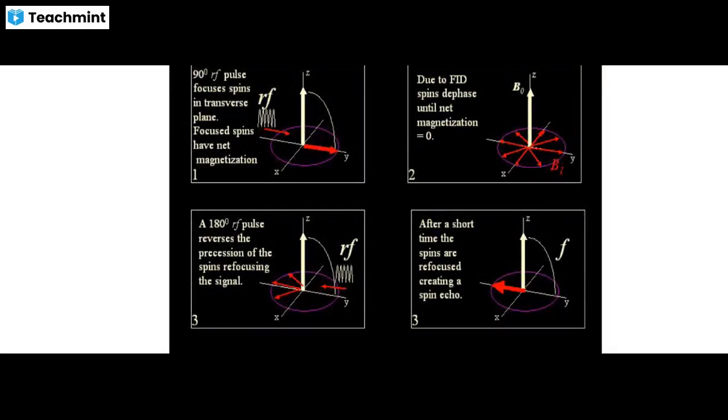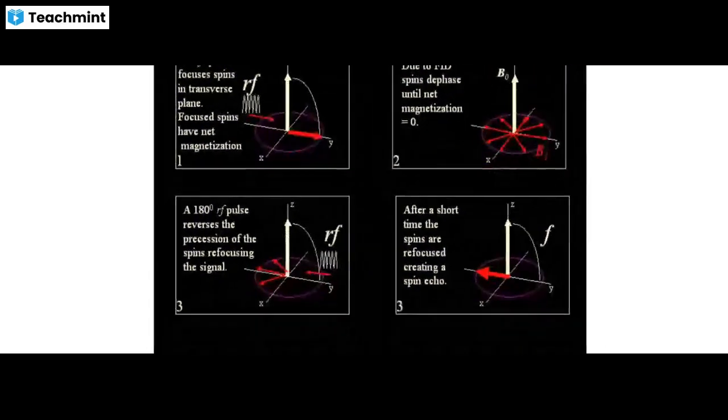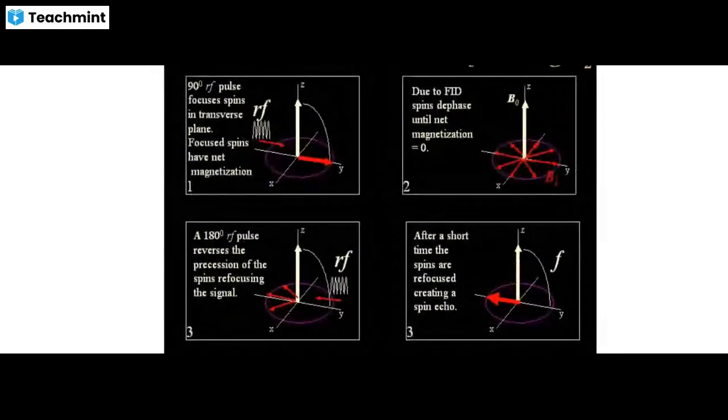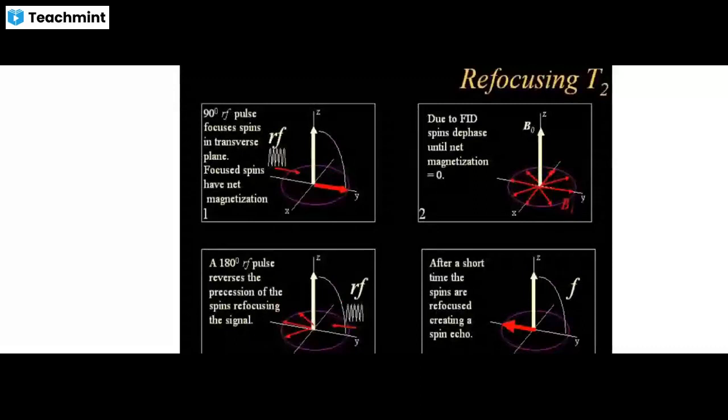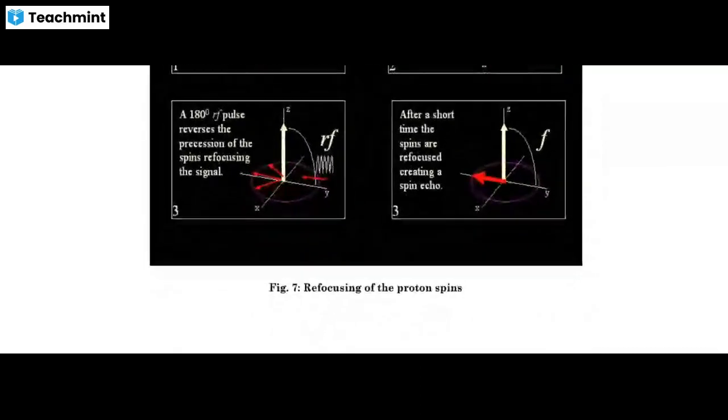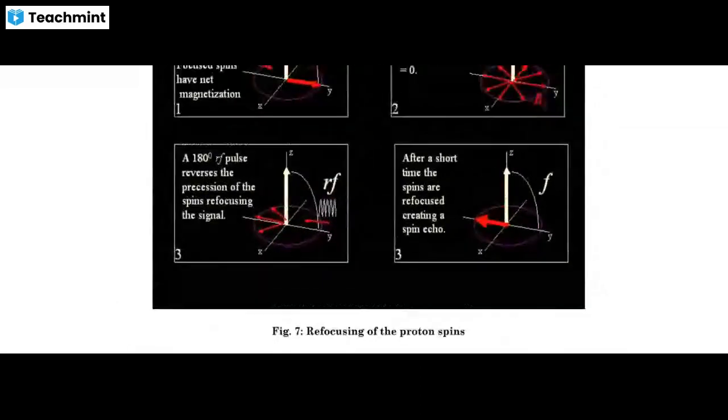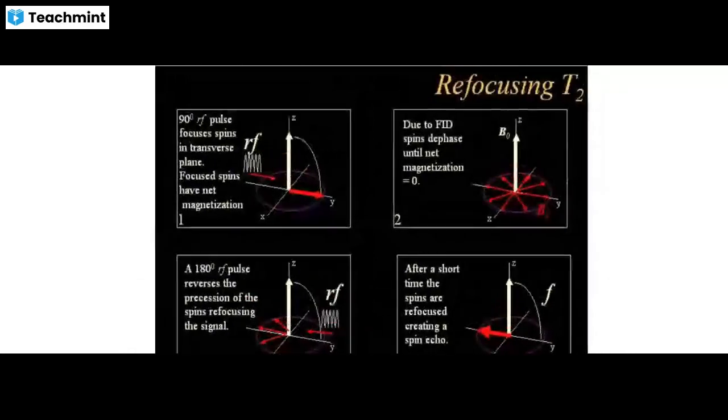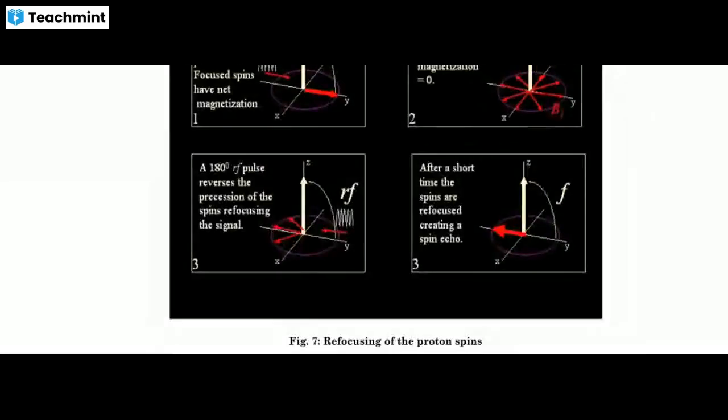Number 4, after a short time, the spins are refocused, creating a spin echo. So that is your third. You can see the last diagram, refocusing of the proton spins.